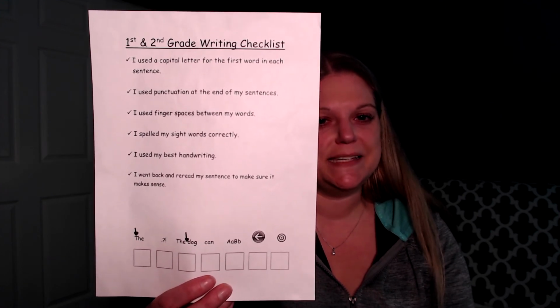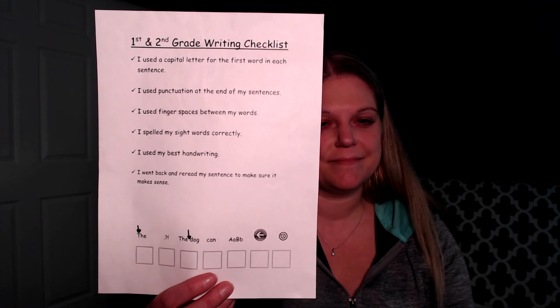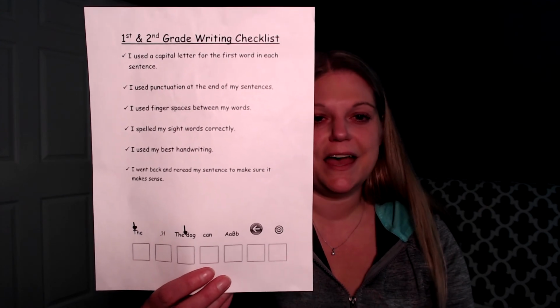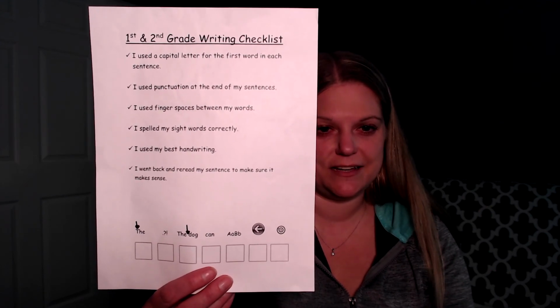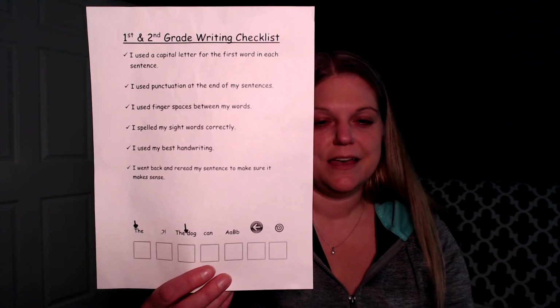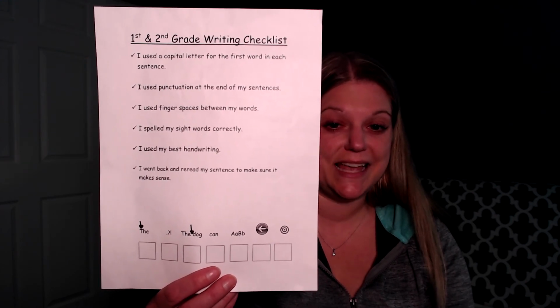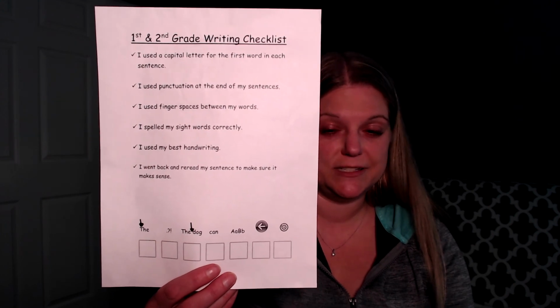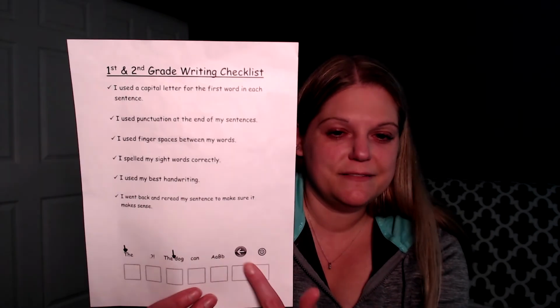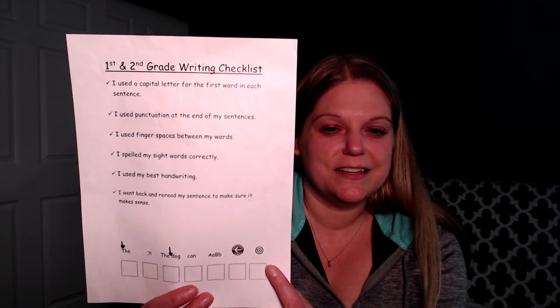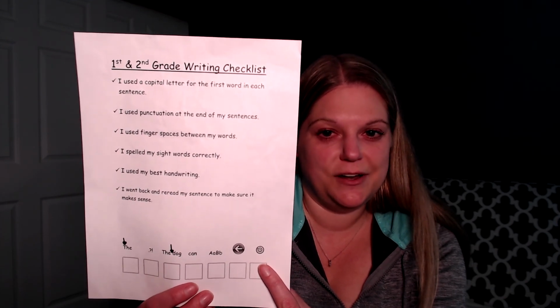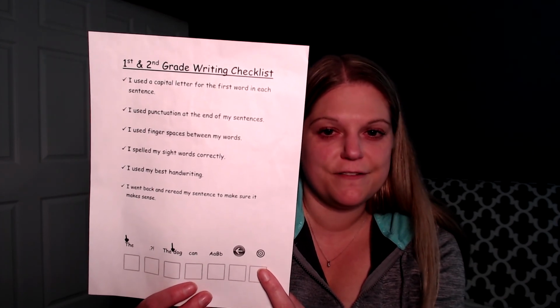I spelled my sight words correctly. I used my best handwriting. I went back and reread my sentence to make sure it makes sense. So important to do. And then the final one, right here, target. Did you stretch out words you didn't know? Like nervous?